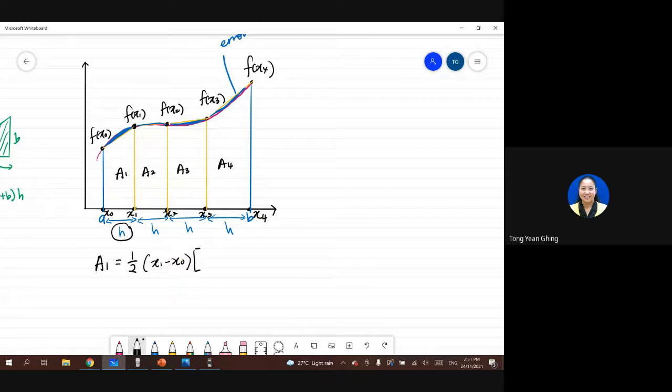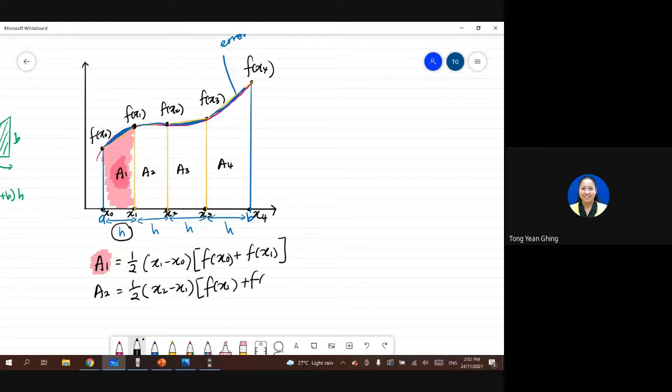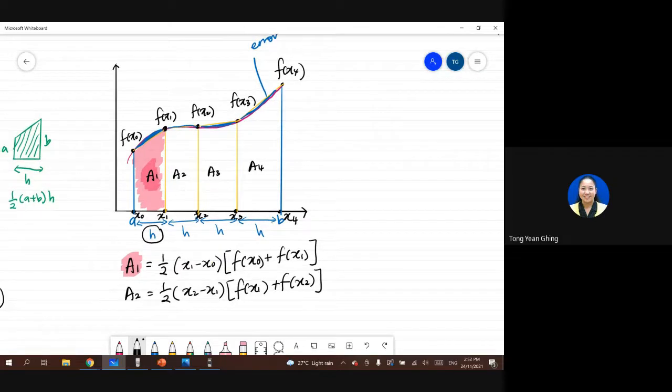So I have to multiply by f(x0) plus f(x1). This is A1. And then A2 is 1 over 2 times h, which is x2 minus x1, times f(x1) plus f(x2).